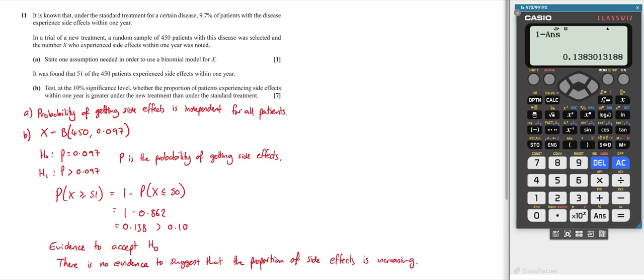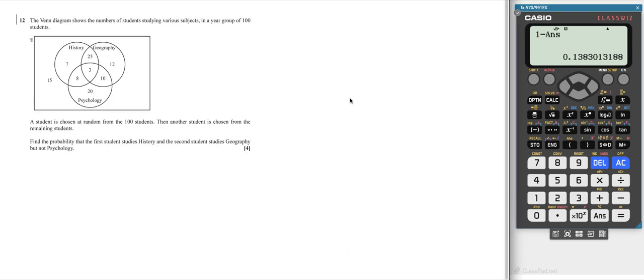Okay. And question 12. A Venn diagram shows the number of students studying various subjects in a year group of 100 students. A student is chosen at random from the 100 students, and another student is chosen from the remaining ones. Find the probability that the first student studies history, and the second student studies geography, but not psychology.